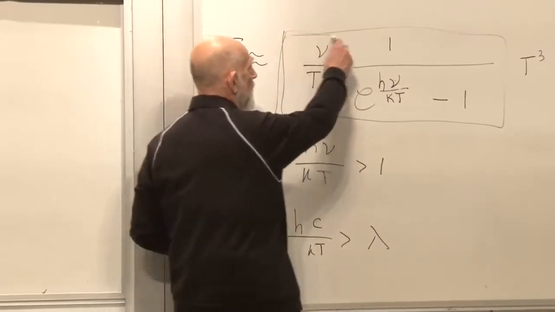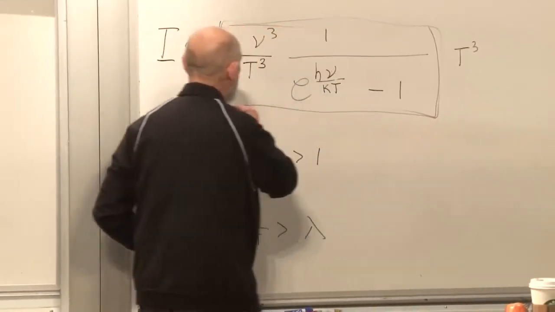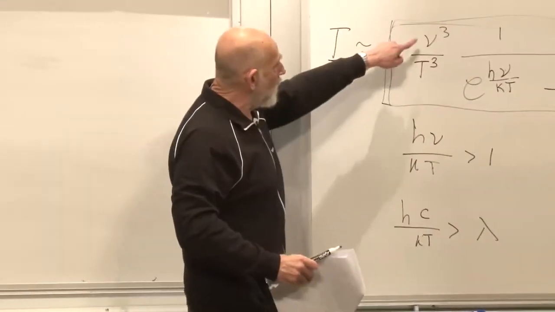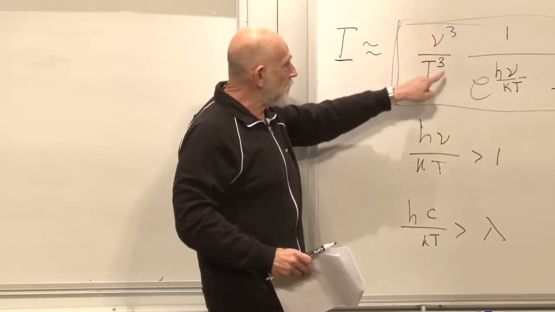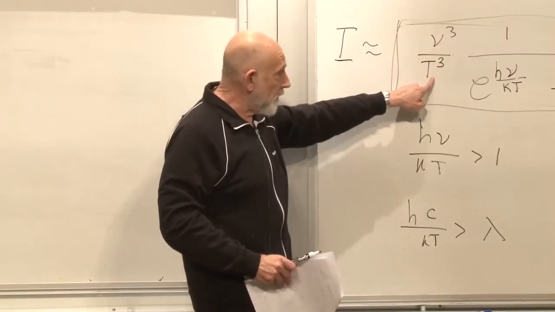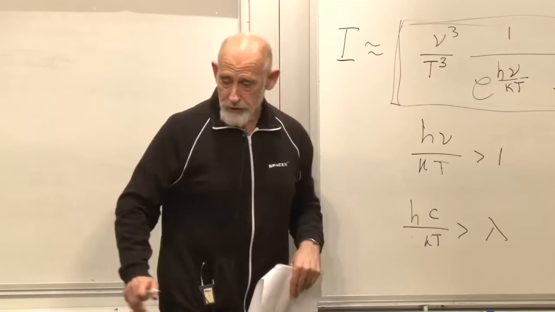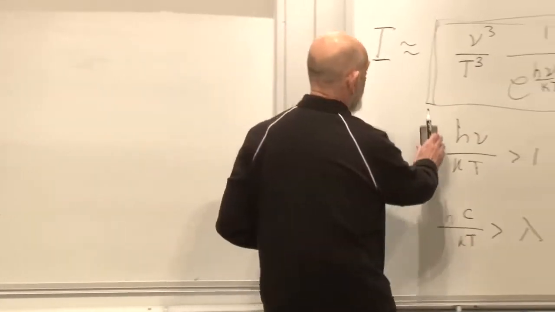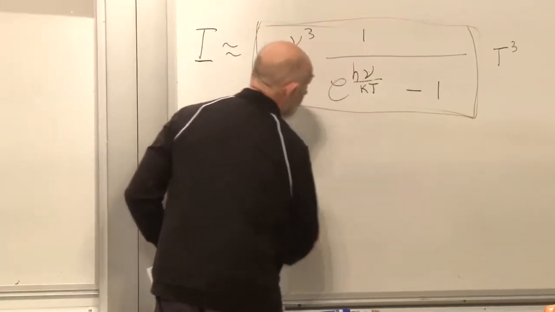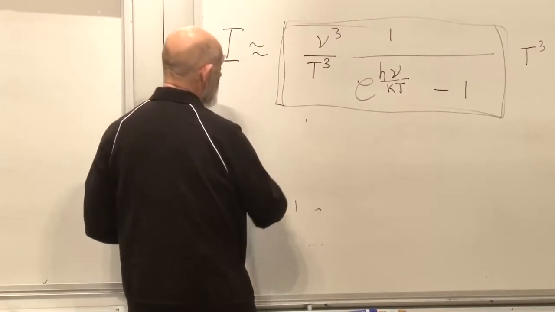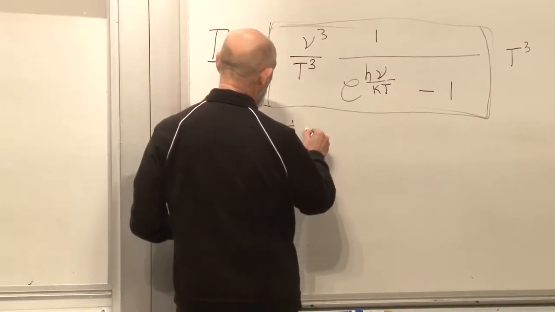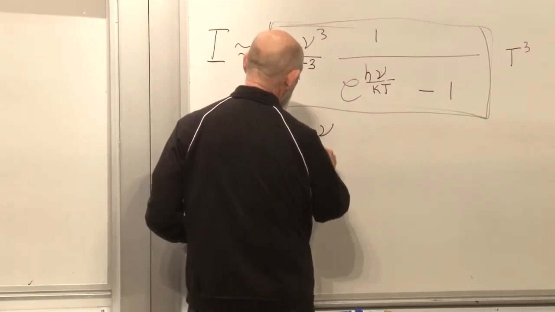Here is the thing which determines its universal shape, and notice that it's only a function of the ratio of nu to temperature. In other words, the shape of the curve, dropping the factor T cubed, is just a function of the ratio of nu to temperature.